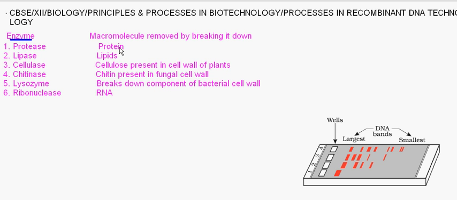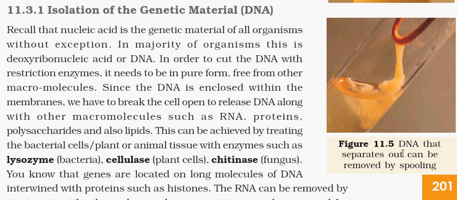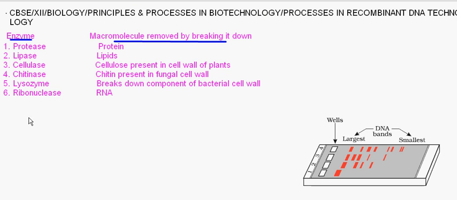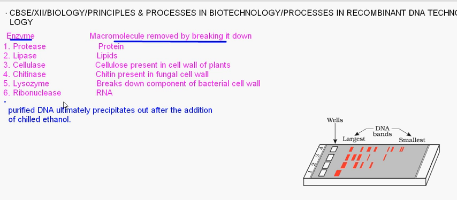Once RNA is removed by ribonuclease, the purified DNA ultimately precipitates out after addition of chilled ethanol, in the form of a thread-like structure, which is collected by spooling.